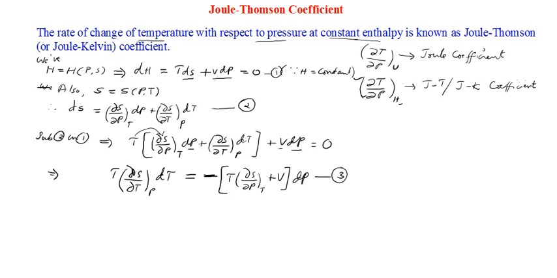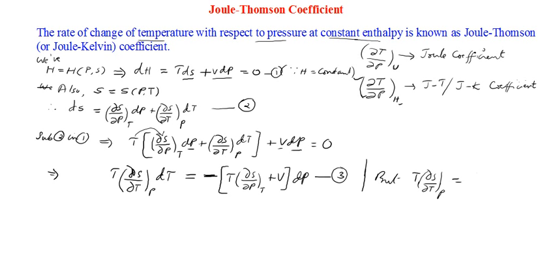Can't you see that here on the LHS there is T ∂S? What is T into ∂S by ∂T? Can't you rearrange this one? Hope you remember that. But T into ∂S by ∂T at constant P can be written as, what is T ∂S?